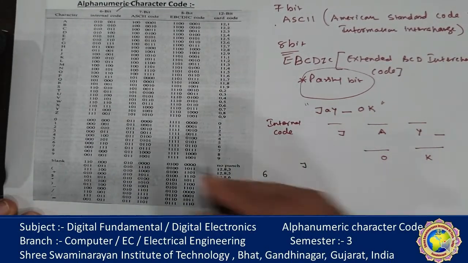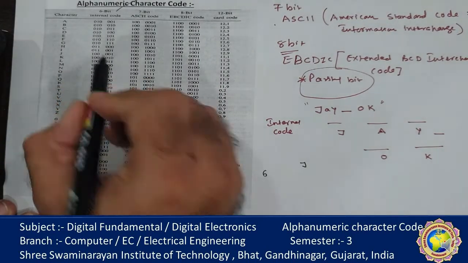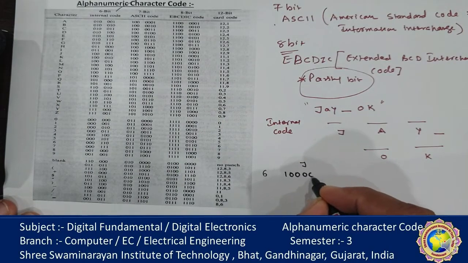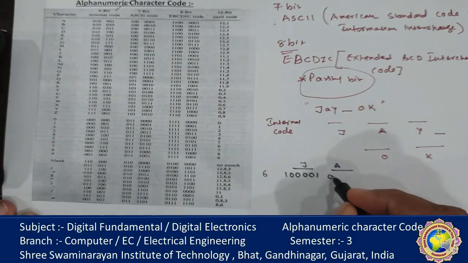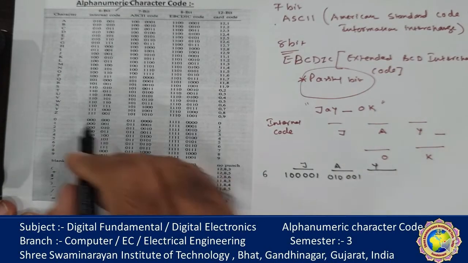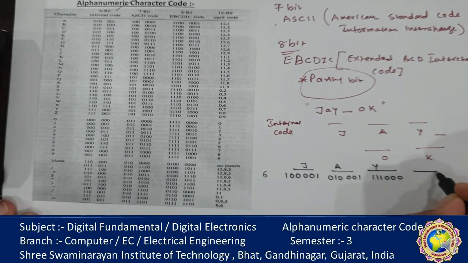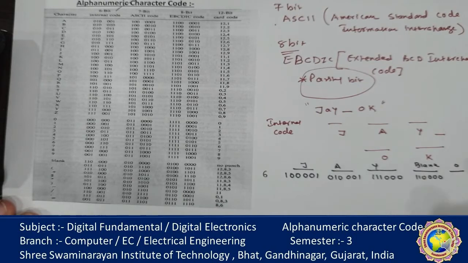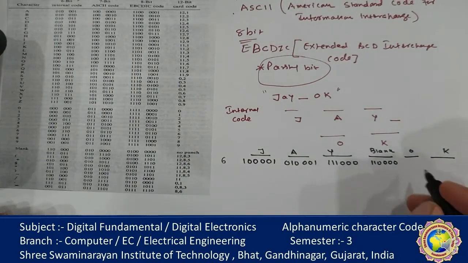J is 100001, A is 010001, then Y is 111000. Then the blank space is indicated by 110000.